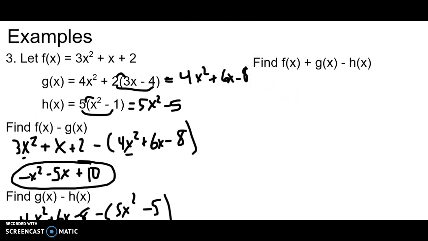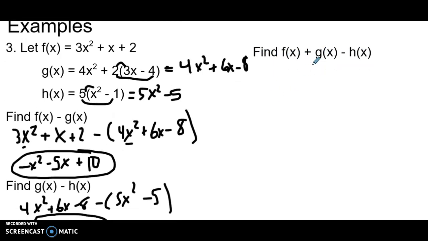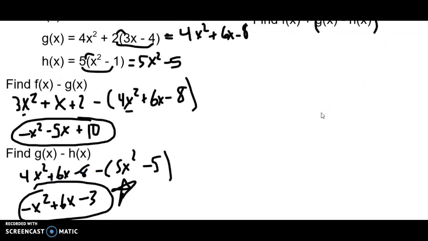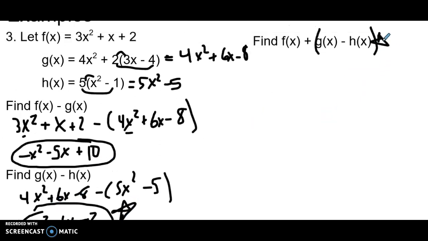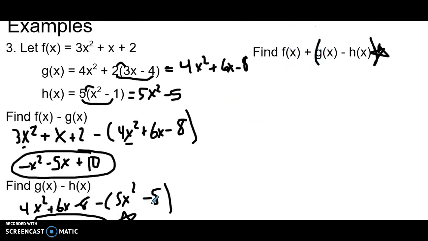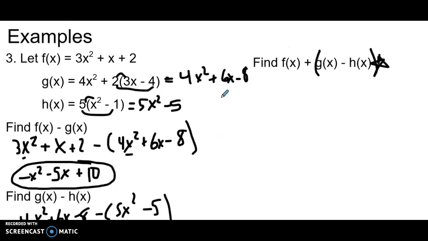Now we have one more that's back up at the top. We want to do f of x plus g of x minus h of x. Now you see this here, the g of x minus h of x, we just did it down here. These are the same. So we can just add f of x with what we've already calculated.